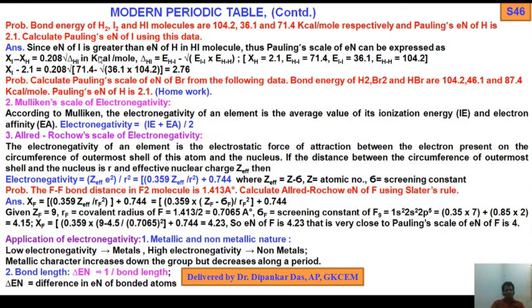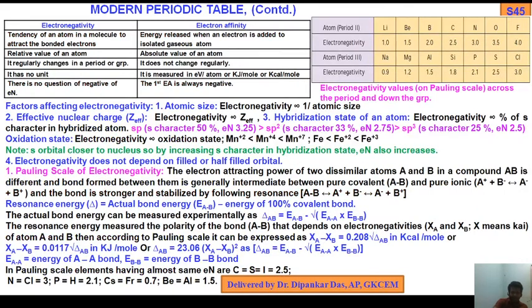Now, the question is why I have written this line: chi A minus chi B means considering A is more electronegative than B. So between hydrogen and iodine, which is the more electronegative? Carbon, sulfur and iodine have 2.5, whereas phosphorus and hydrogen have 2.1.